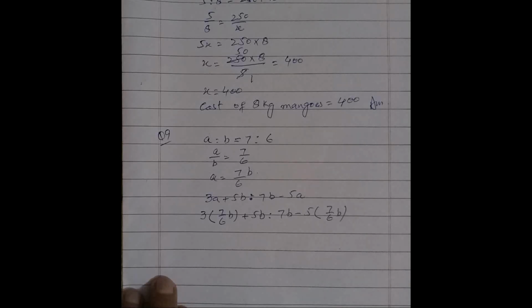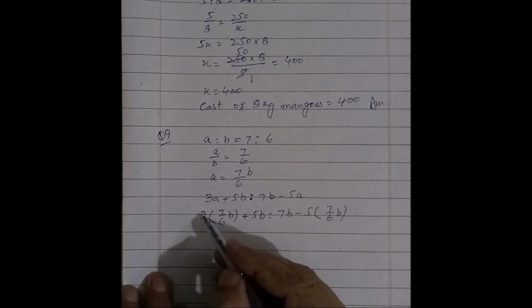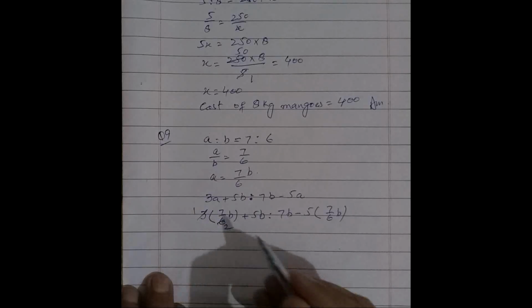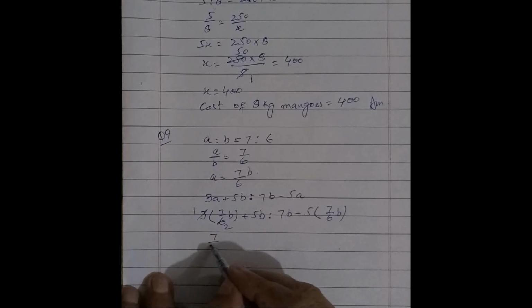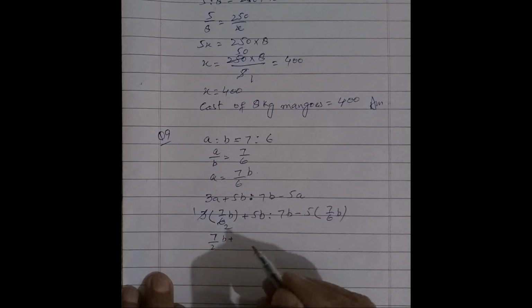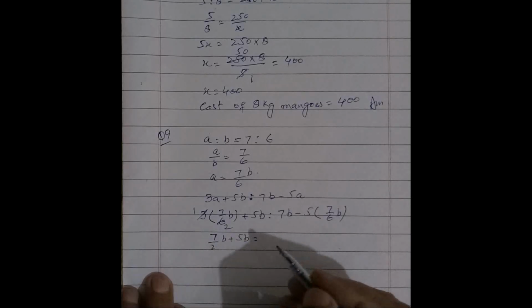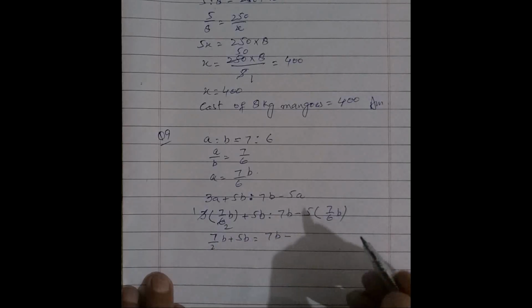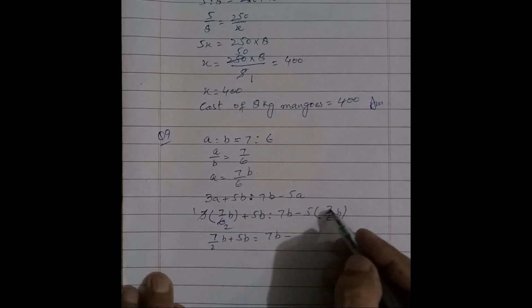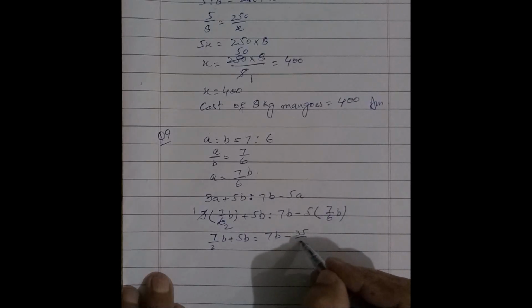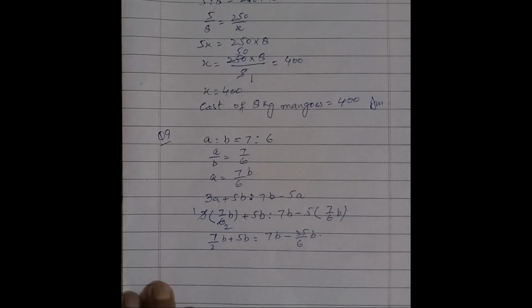Now simplify these values. We get 3 ones are 3, 3 twos are 6. It is 7 over 2 B plus 5B is equal to 7B minus 5 sevens are 35 over 6 B. Now we solve these two.